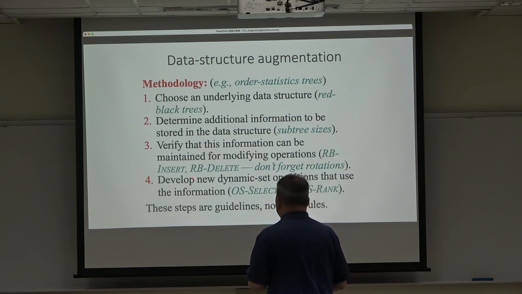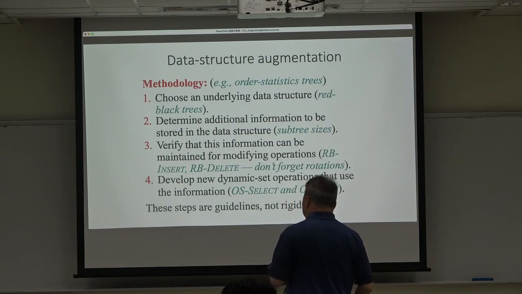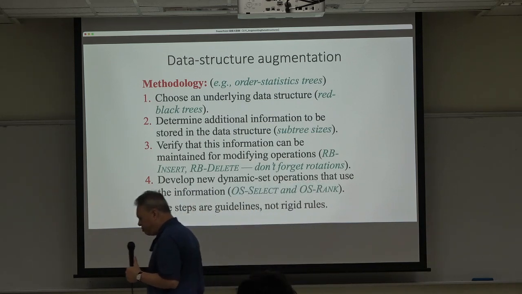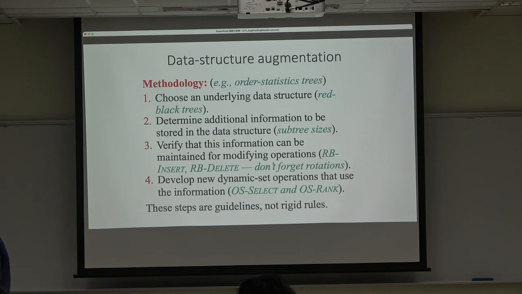So red-black tree insert, red-black tree delete. Of course, in insert or delete, rotation plays a big role. So you need to make sure that in the red-black tree, this additional information, the subtree size, can be properly maintained without increasing the complexity.